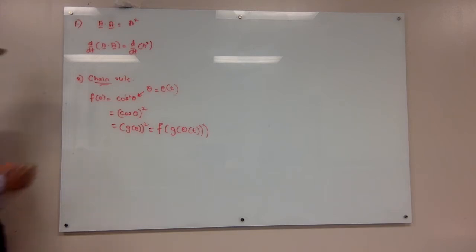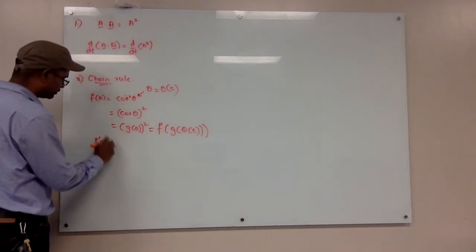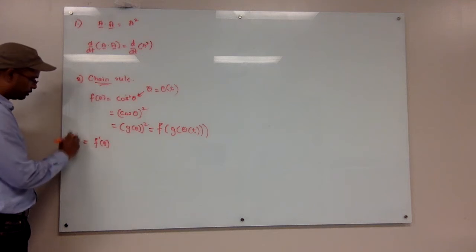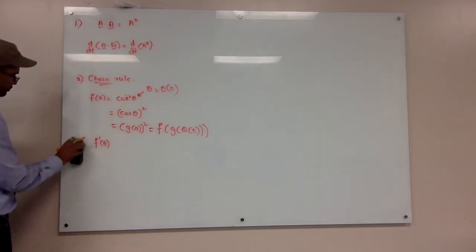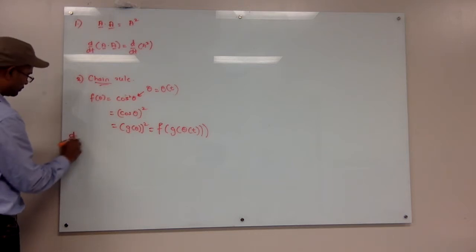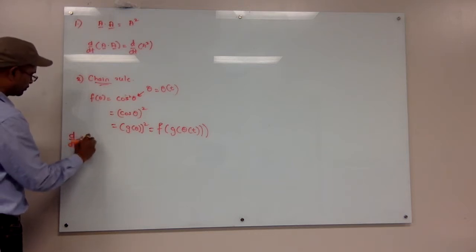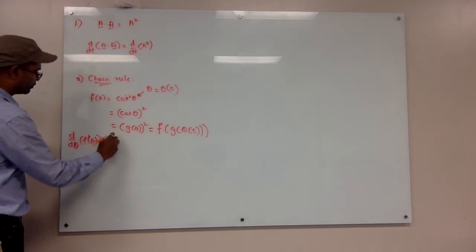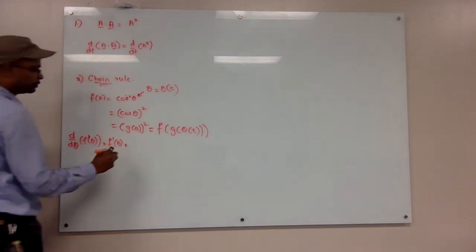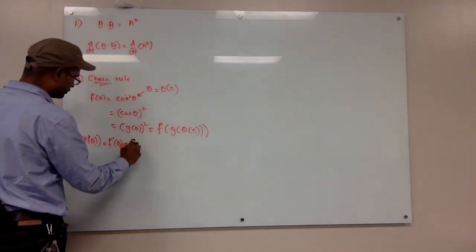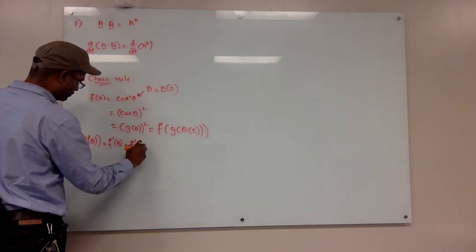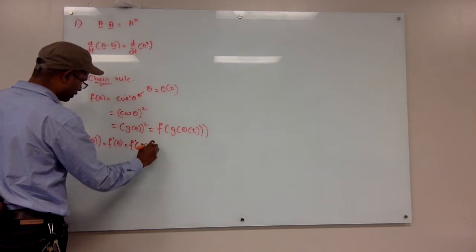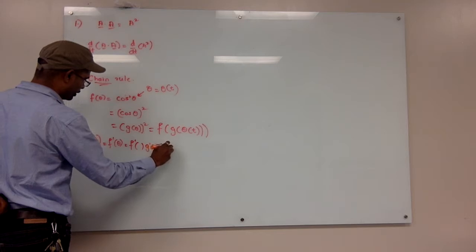Okay, and f prime of theta. I'm just giving this d over d theta of f of theta, which is f prime theta, which is equal to f prime into g prime into theta prime.